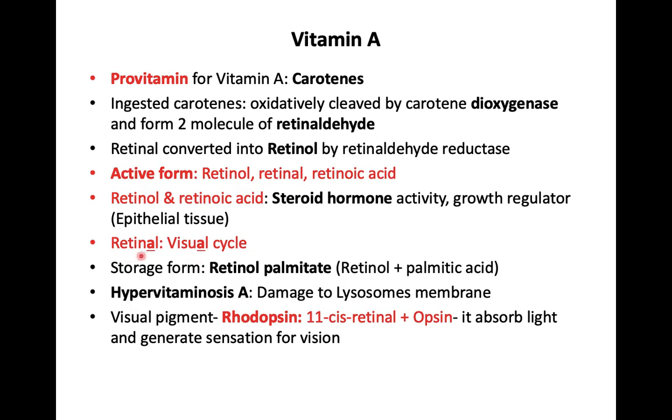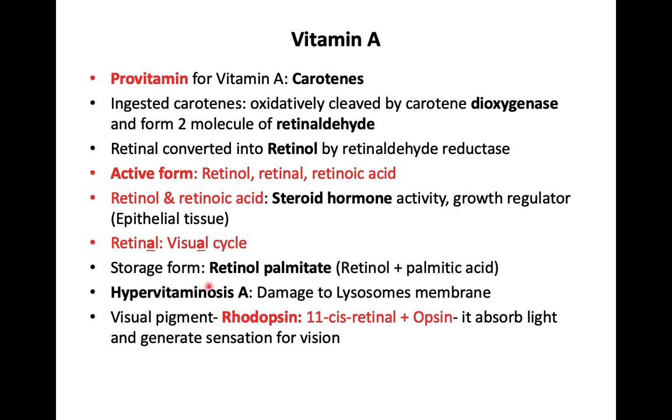The third form, retinal, is the main form of vitamin A which helps us in the process of vision. Because of retinal, the visual cycle takes place and our vision function works accordingly.